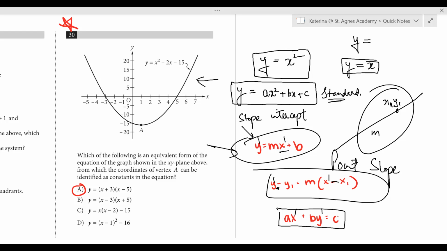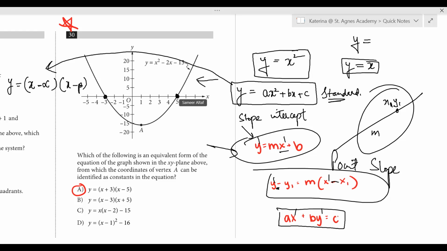There's one more way of representing an equation of a parabola, in factored form. The factored form is y equals x minus some alpha times x minus some beta. This alpha and beta are the points where they are cutting the x-axis.